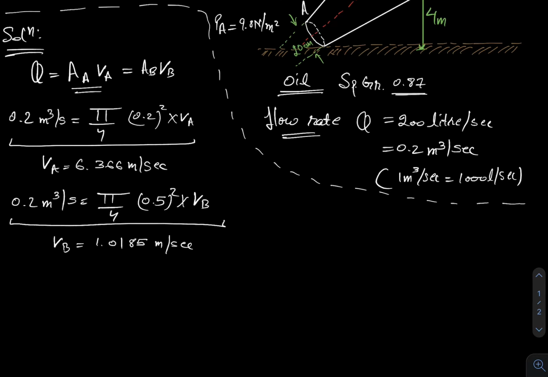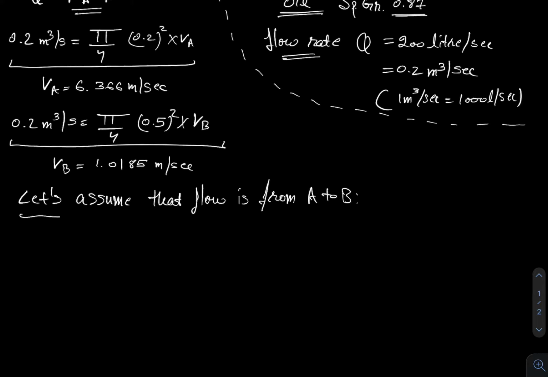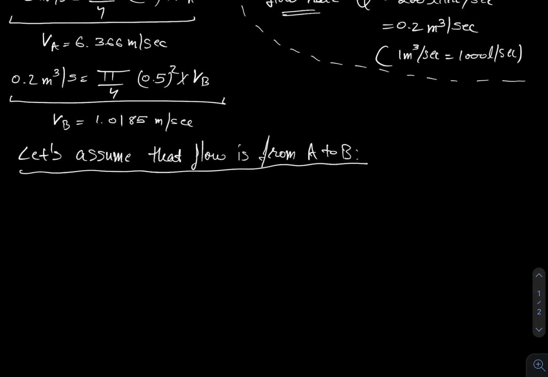Okay, so now we have to write the Bernoulli's equation. What was Bernoulli's equation? Now first of all, let's assume that flow is from A to B. We will first assume this. Now what was the Bernoulli's equation?